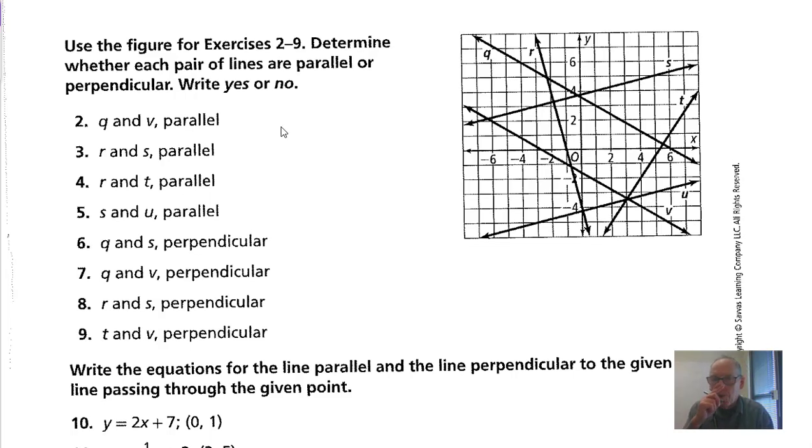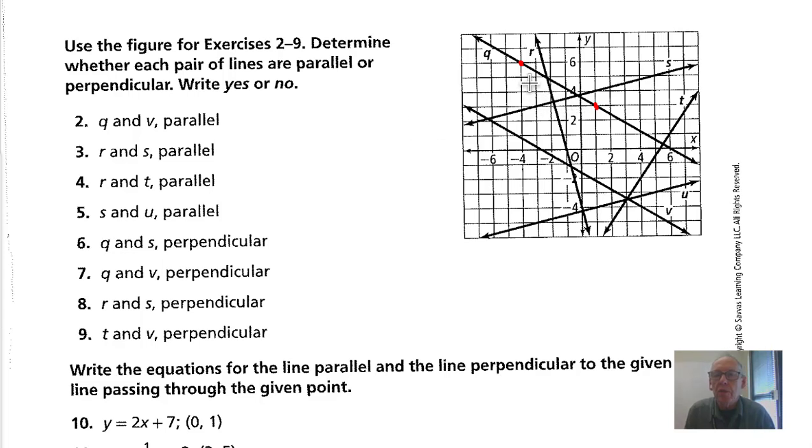Okay, let's look at number 2 here. So determine whether each pair of lines are parallel or perpendicular, yes or no. So Q and V. The trick with these on the graph, on the grid, is to find a couple of points where the line goes through the grid on the graph. So here's Q, here's a point where it goes through the intersection, and here's another point I can use.